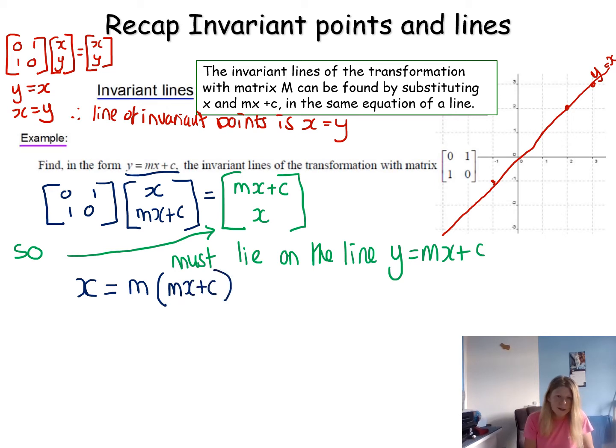So y equals mx plus c. Now we'll have to expand that out. So we get x equals m squared x plus mc plus c. That is this equation equal to 0.